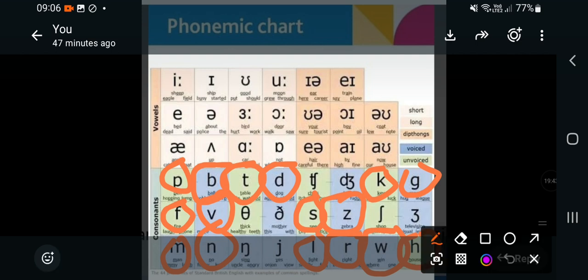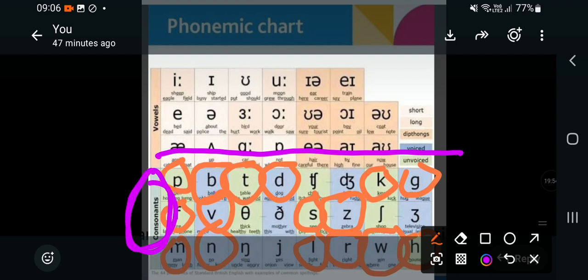Here all orange circle sounds have been accepted as they are. Again, I am telling you, today we are talking about consonants. In the next video we will learn vowels. But please remember, all orange circle letters have been accepted as they are, which are 1, 2, 3, up to 16.